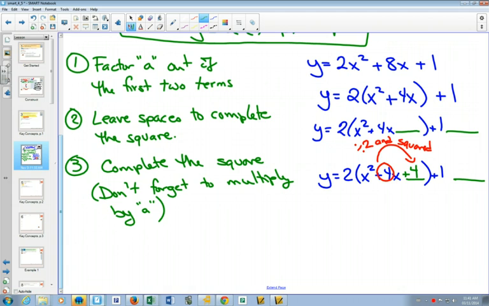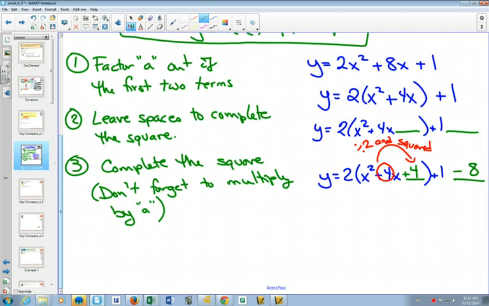No, I've added 8. Take a look. Can you see why putting a 4 there makes me add 8 to that side? Because the 2 in front multiplies by that 4, and we've actually added 8. So we need to write negative 8 on the other side.